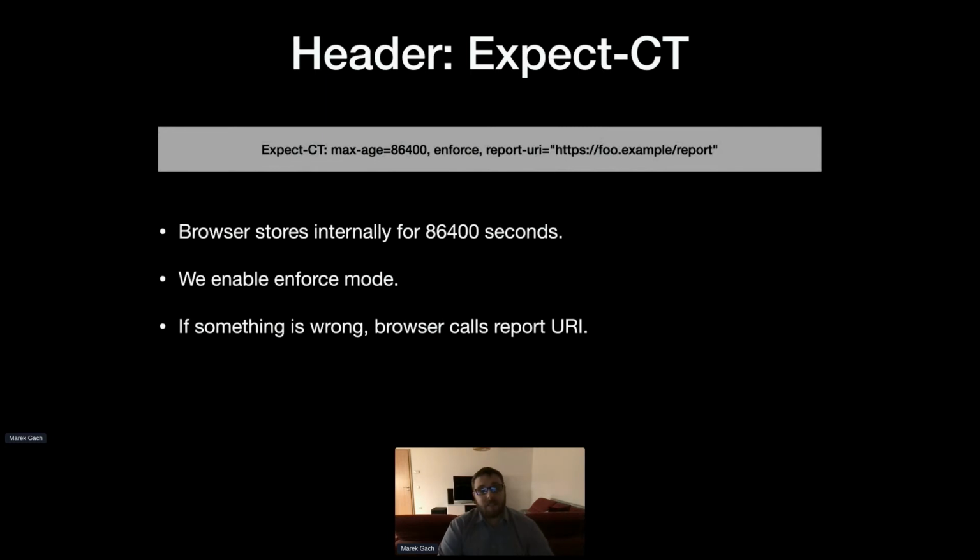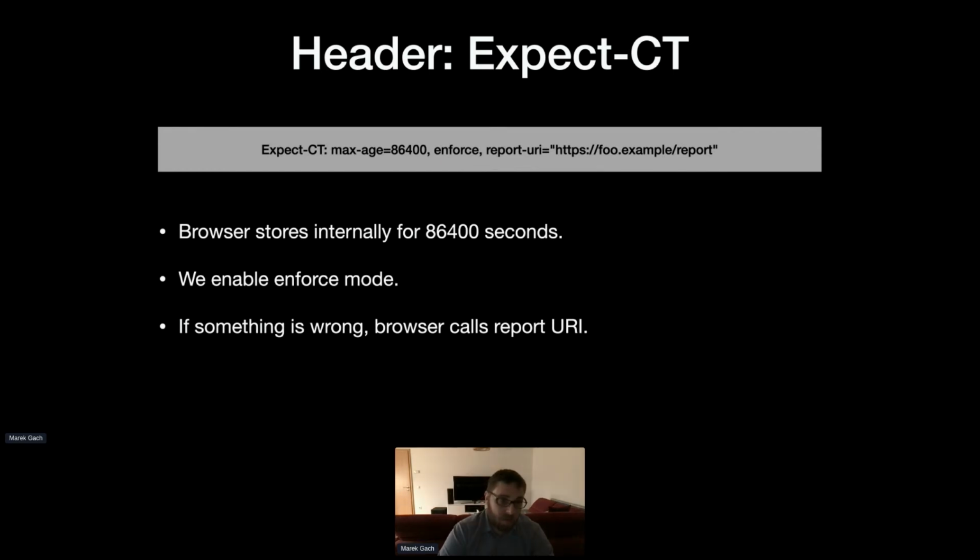Another header connected with these things is Expect-CT. That header is quite interesting and quite old. If it's there, it specifies the max-age. It specifies the mode; you can specify the enforce mode, and you can specify the report URI.